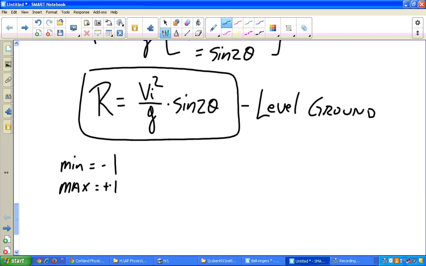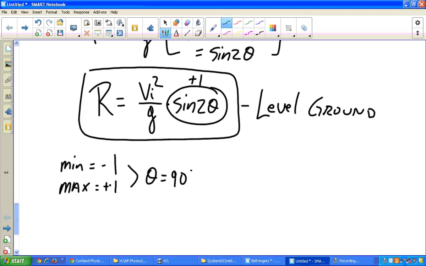If we want our range to be maximized, we want this sine value to be +1. We want it to be the whole number, because otherwise it's going to be some number between 0 and 1. So the sine value is a maximum when the angle is 90 degrees.